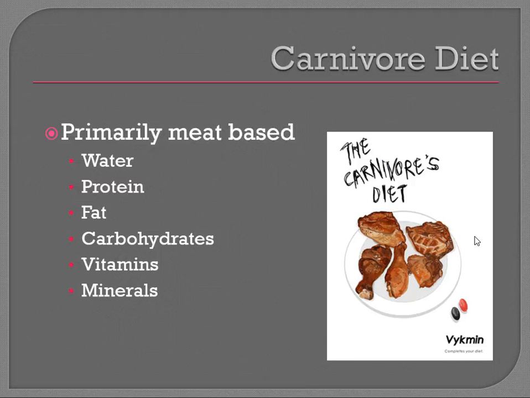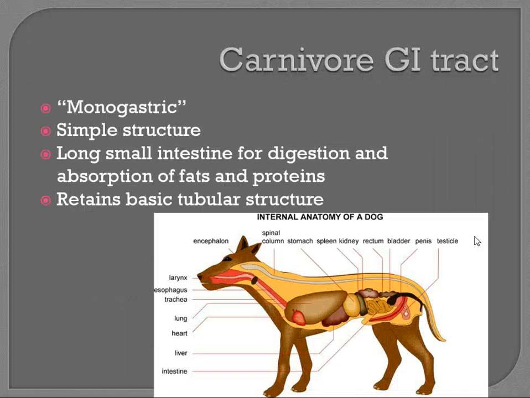So let's talk about carnivores. You have meat-based, which means you're getting water, protein, fat, carbohydrates, vitamins, and minerals from the meat, okay? And so the carnivore GI tract is really simple. You've got a long small intestine for the digestion and absorption of fat and proteins, and you have this basic tubular structure. There's not any sort of compartments or anything like that.